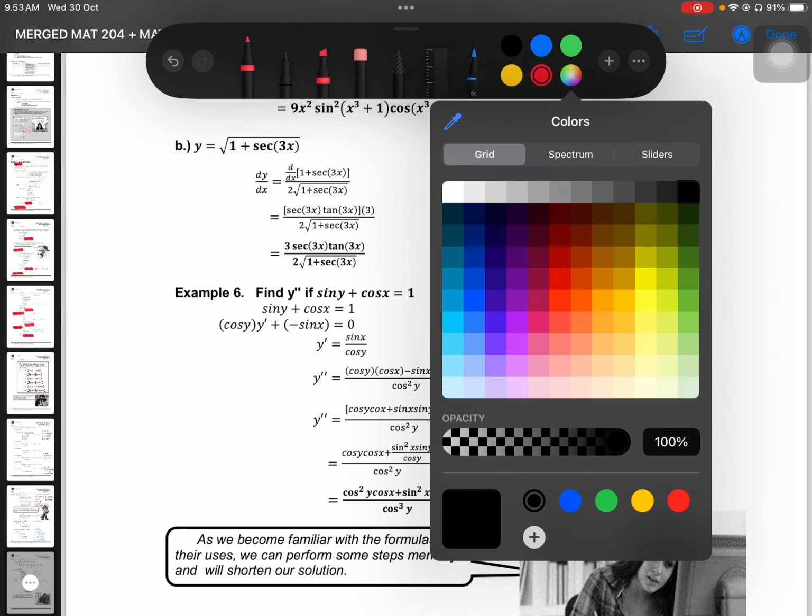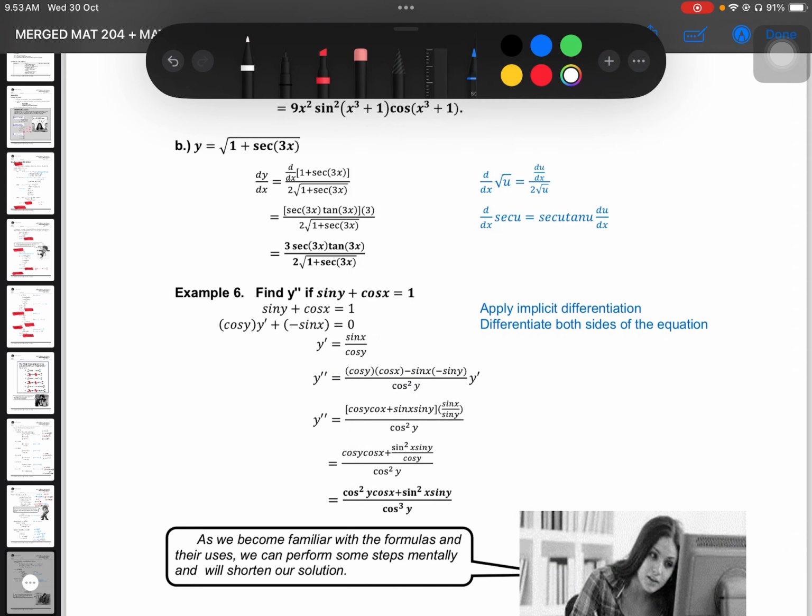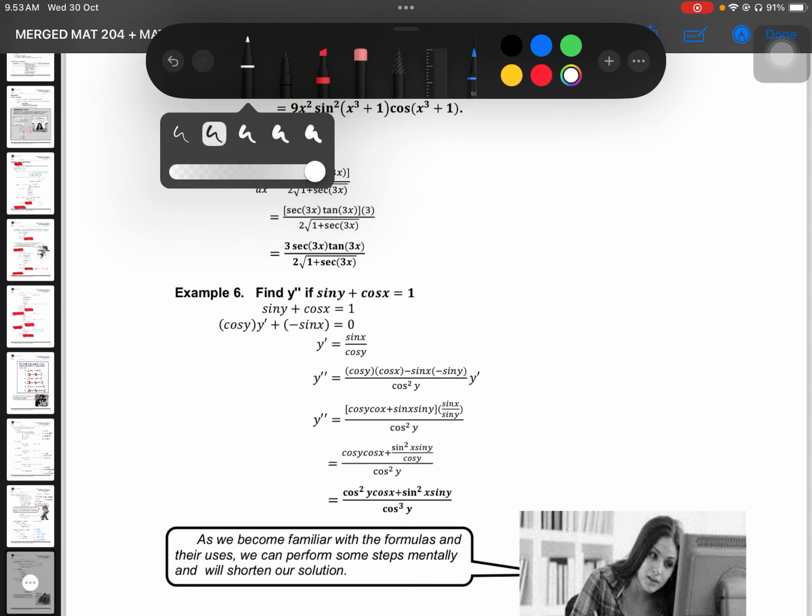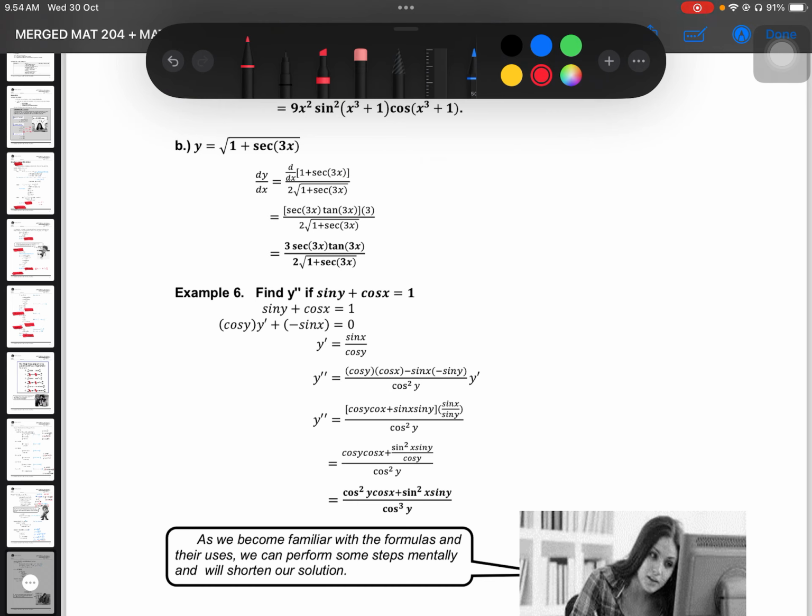Para meron tayong space. Okay. So, example number 6. What about if we are getting the, ang kinukuha natin ay double prime or the second derivative.